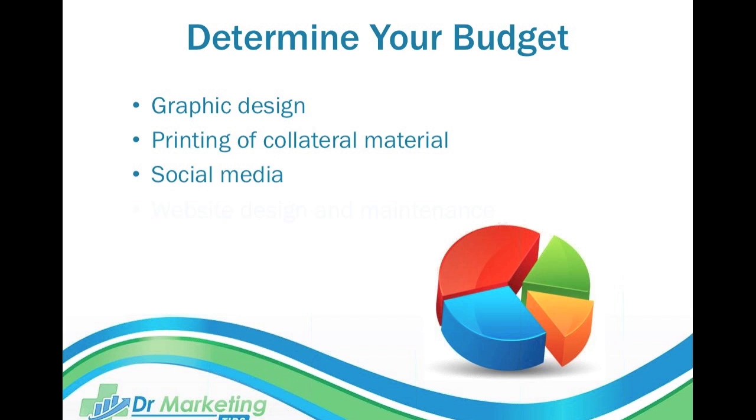So to reach the maximum amount of people, if you are on Facebook, then you need a budget to actually put yourself in front of them. And that budget can be as small as $5, $10 a day, but you need a line item within your overall budget to accommodate for that.